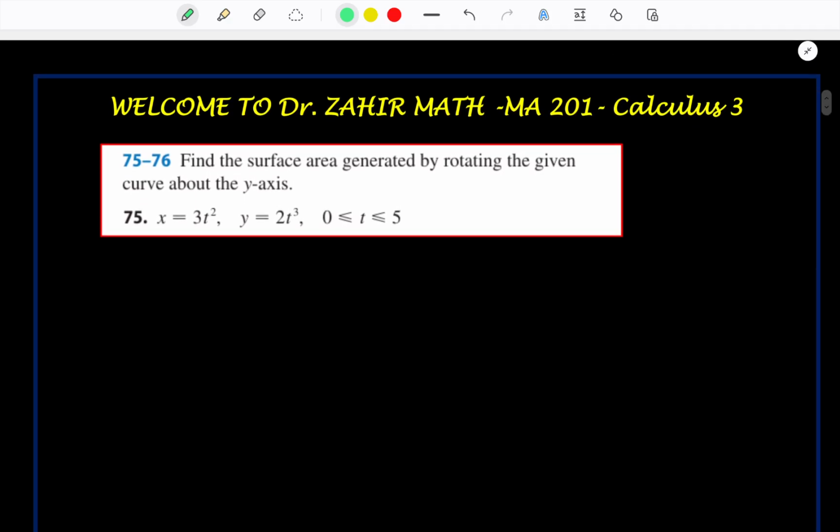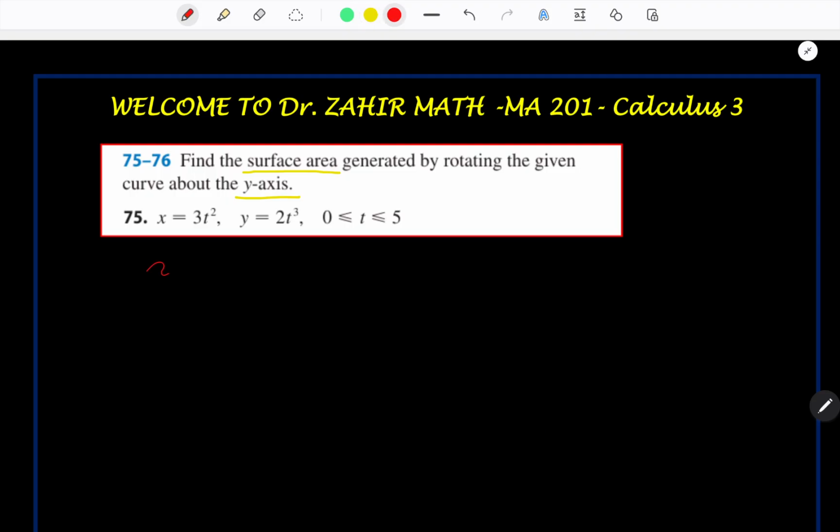Find the surface area generated by rotating the given curve about the y-axis. Okay, right. So what we are going to do, we are going to find the surface area about the x-axis or y-axis, about the y-axis. If it is about the y-axis, we need to know the formula.